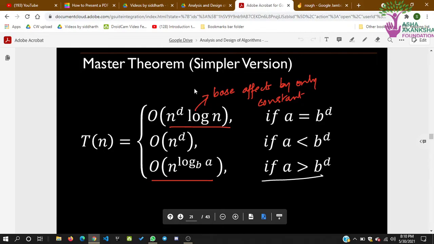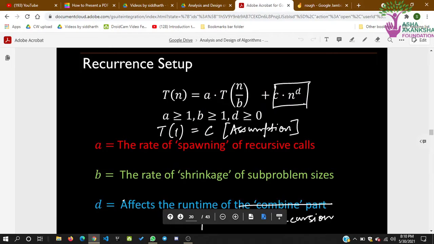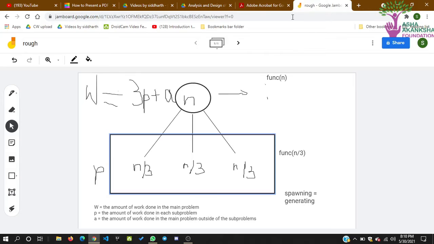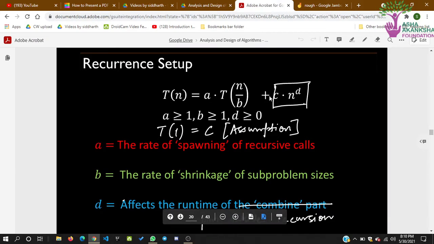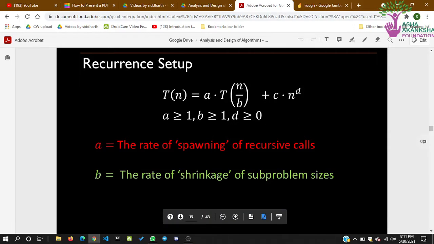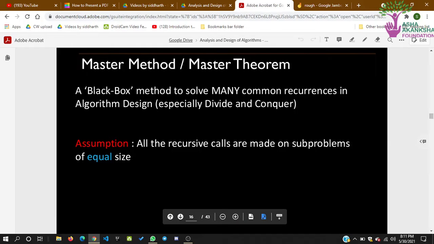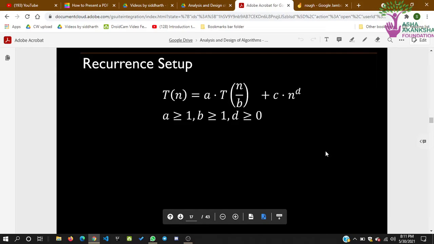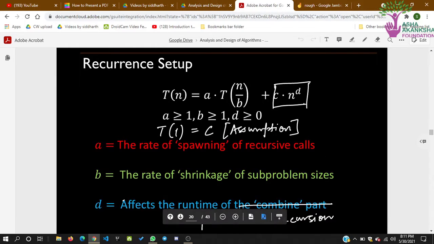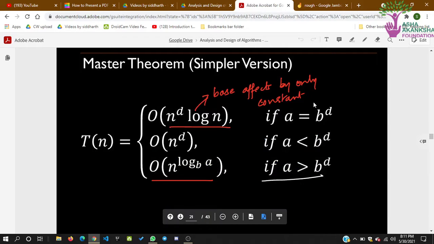Whenever you are given any divide and conquer type of problem, in which the size of each subproblem is equal to each other, then in that case you just have to compare it with the formula, get the values of A, B, and D, and then put it in this function.